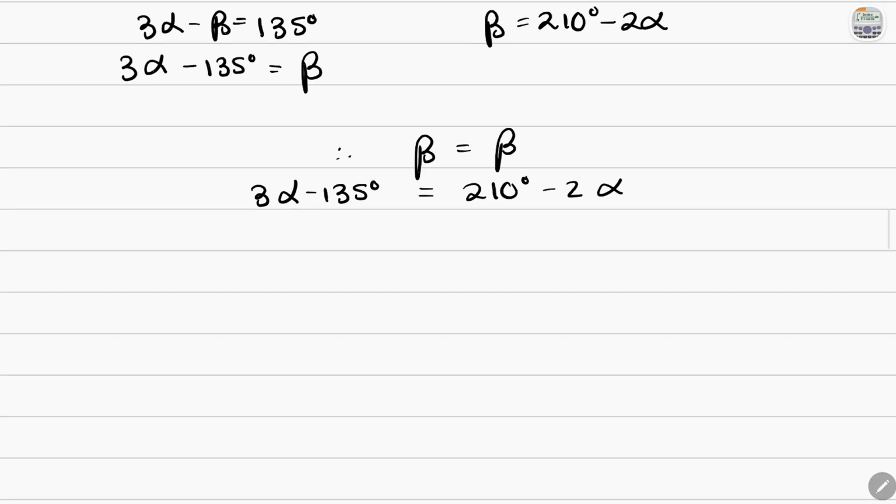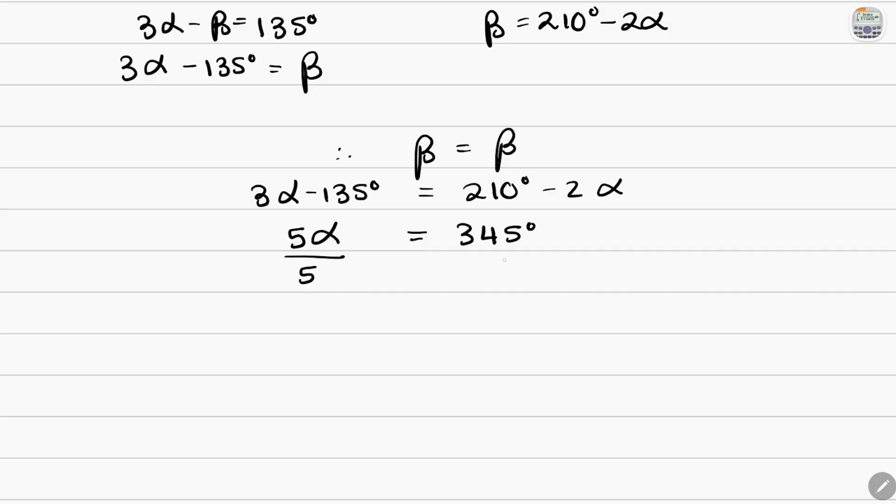Now we can transpose that, so it becomes plus 2 alpha. We have 5 alpha, when it adds to the 3 alpha, is equal to 210 plus 135 degrees. That gives us 345 degrees.